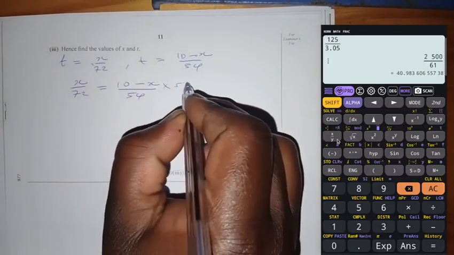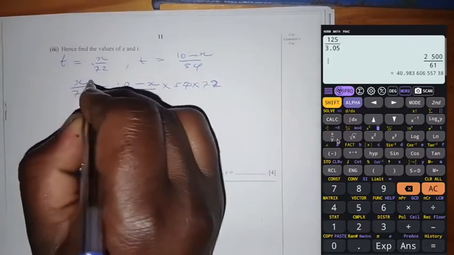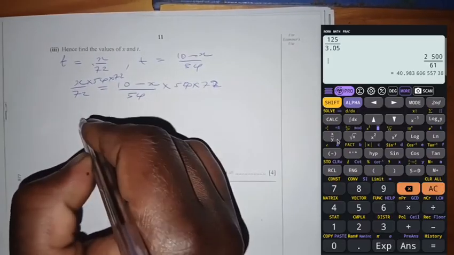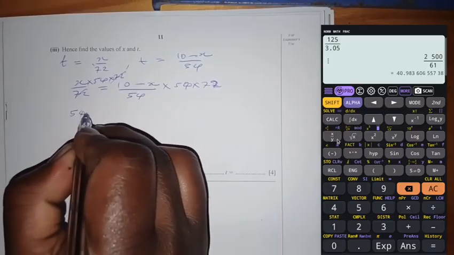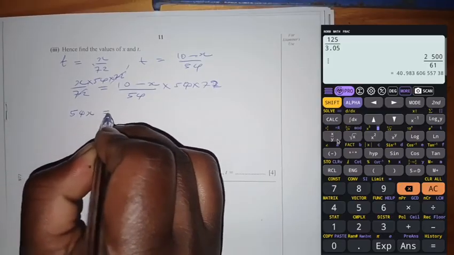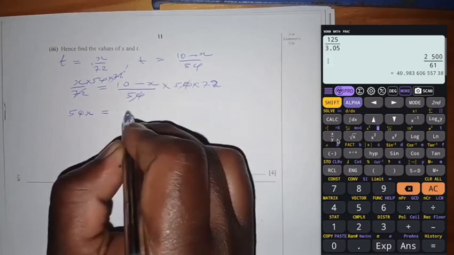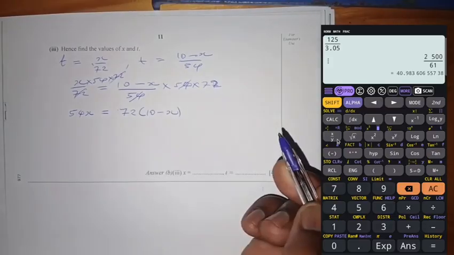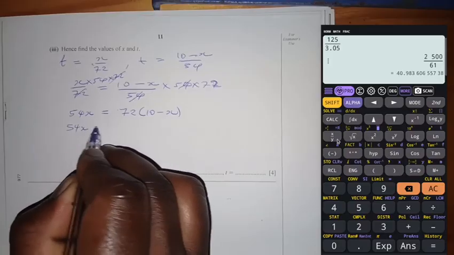Multiply by 54 and by 72. This cancels this, then you have 54x equals 72 into 10 minus x.